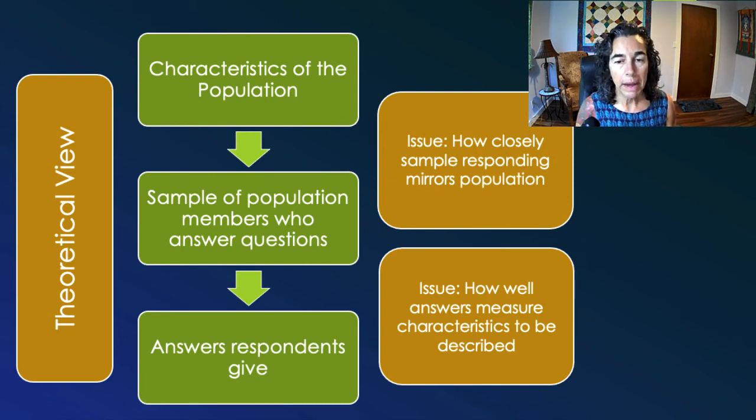The issue about how well the answers measure characteristics is one of validity, right? And the one other piece of information is that we start off with a theoretical view, right? So a theory or a framework to guide our construction, administration, and analysis of surveys.